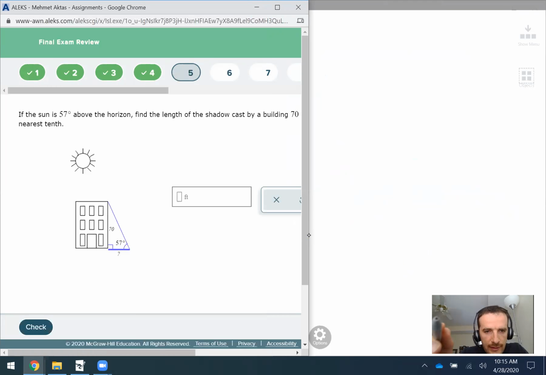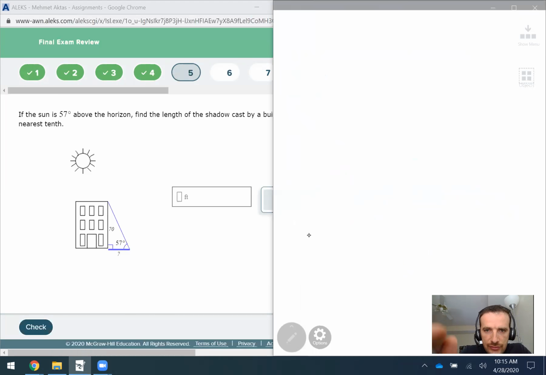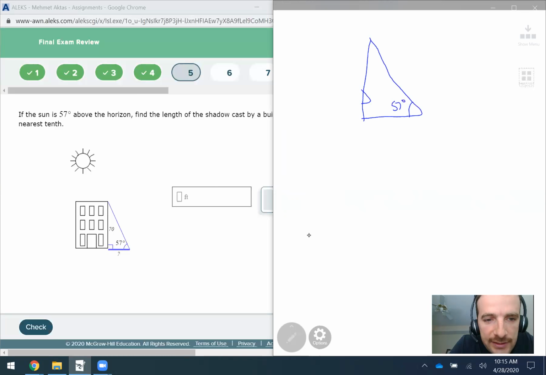We have a triangle here, right? Let me try to draw the triangle. This is the triangle. It doesn't look like a right triangle, but that's fine. This is 57 degrees.